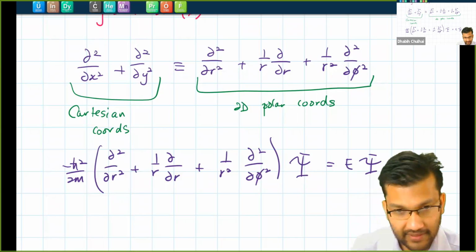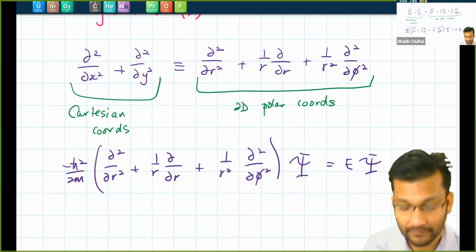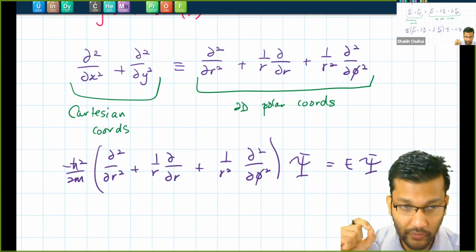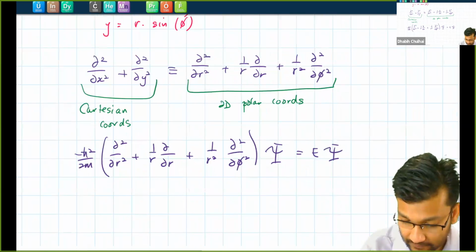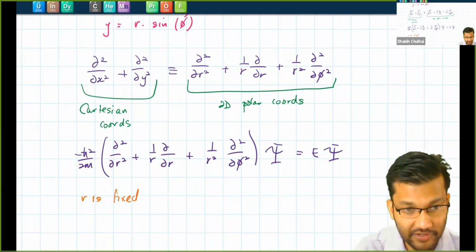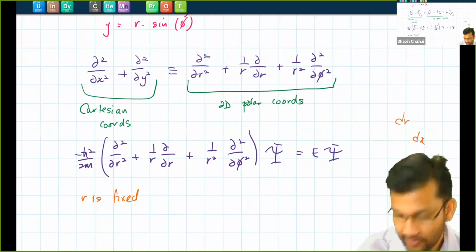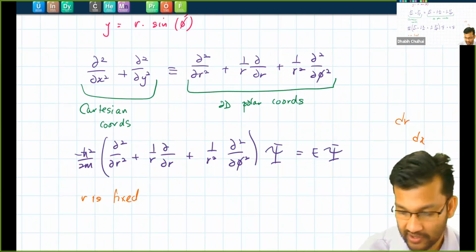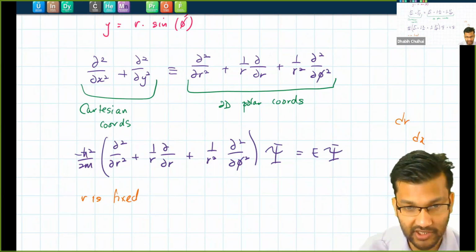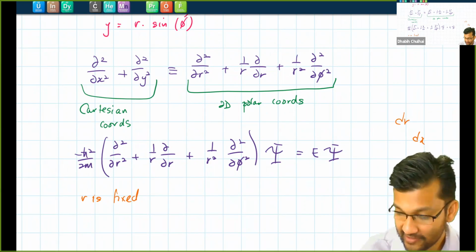And you're probably thinking, we just made this more complex, didn't we? But here's the thing. We said that r is fixed. r is fixed. r can never change. Remember what dr or dx or dy or any of that means? It means a small change in x or a small change in y or a small change in r. But if r is fixed, there's no such thing as a small change in r. dr doesn't exist.